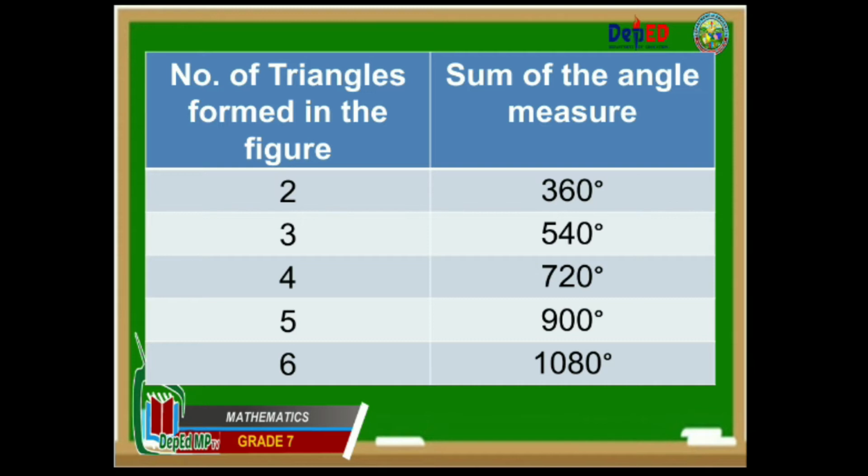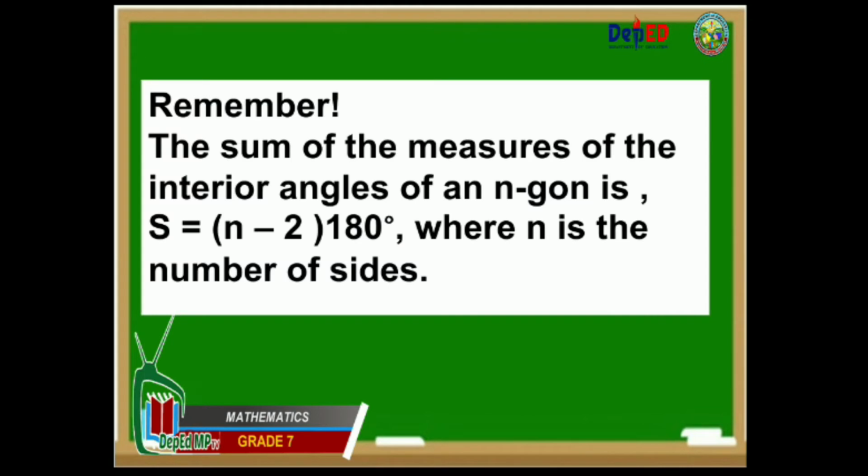And 6. 1080 degrees. Remember, the sum of the measures of the interior angles of an n-gon is S equals the quantity of n minus 2 multiplied by 180 degrees, where n is the number of sides.